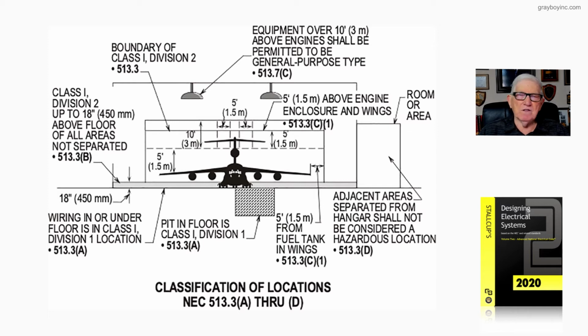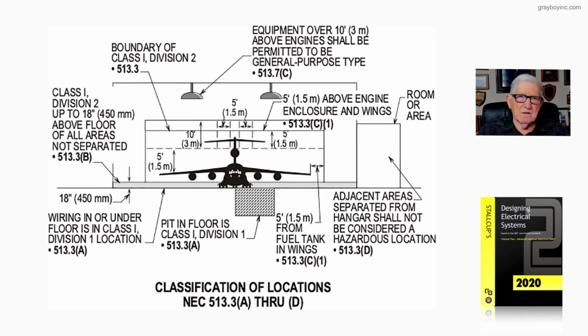You'll have a separating wall, or you'll be above the classified area in some manner, and notice it illustrates that. Then the pit is still going to be a Class 1 Division 1 location. And then again, you have that 5-foot rule.